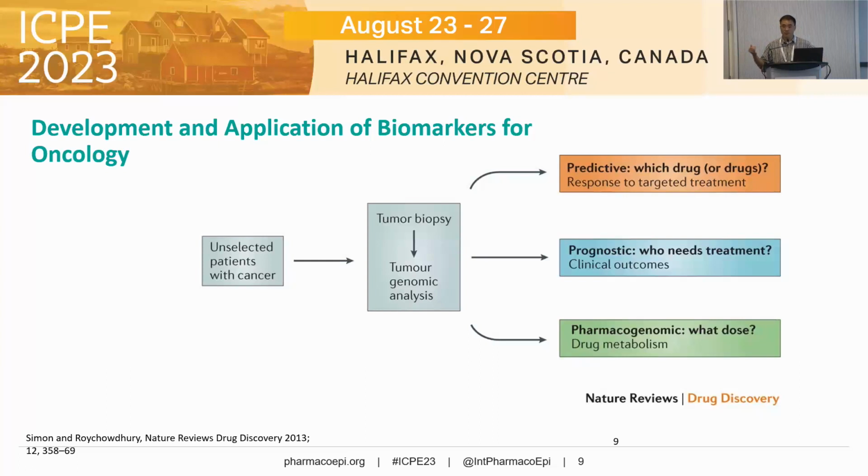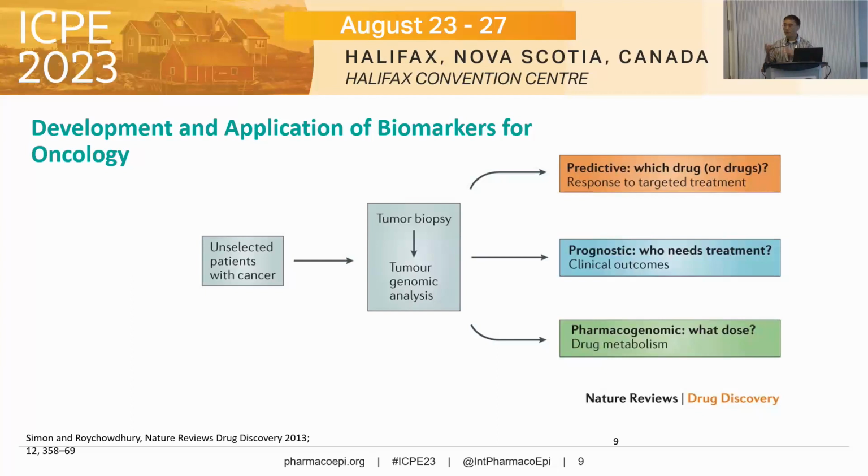We know smokers usually have worse survival. There are also pharmacogenomic biomarkers, particularly germline mutations or polymorphisms, which may be involved in drug metabolism and may change how big the dosage will be.